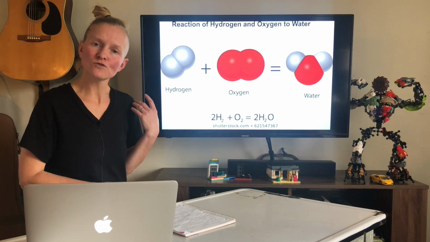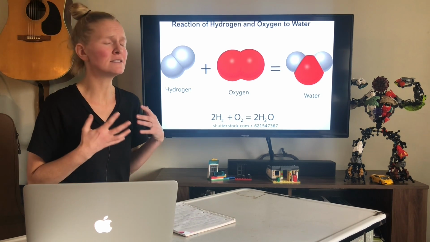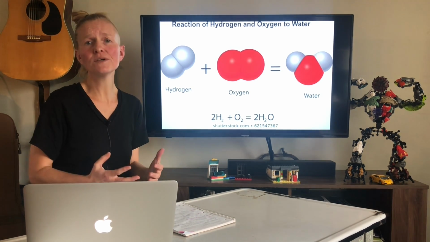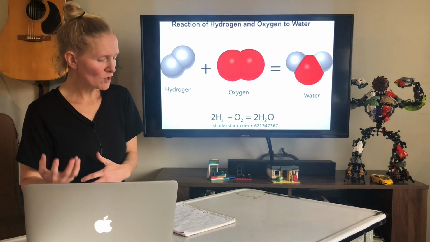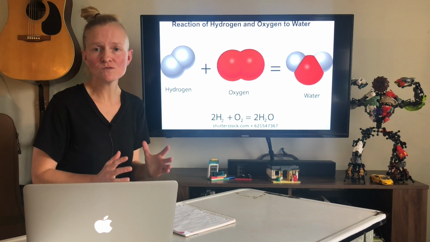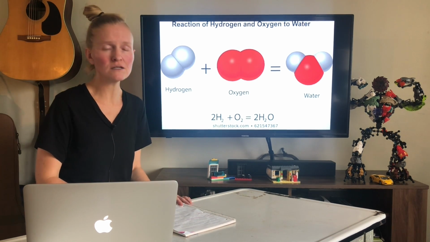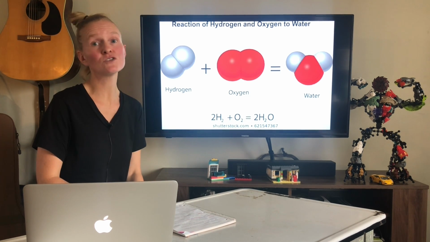It can change form, it can seem to disappear, but it's always there. It changes states and physical properties, chemical properties, but the amount of something remains the same. So that's an important concept to grasp: that mass is always conserved.